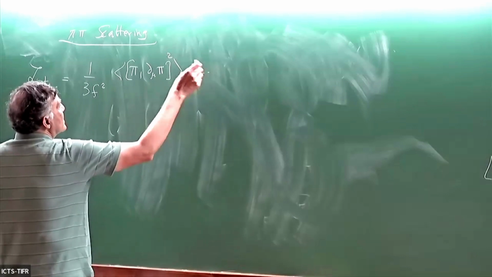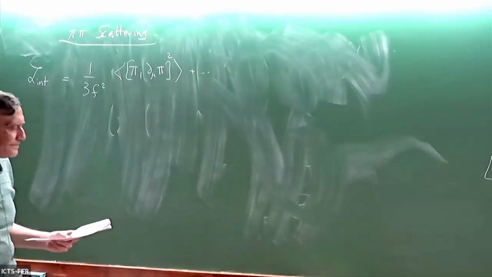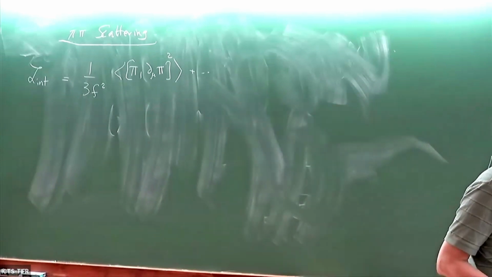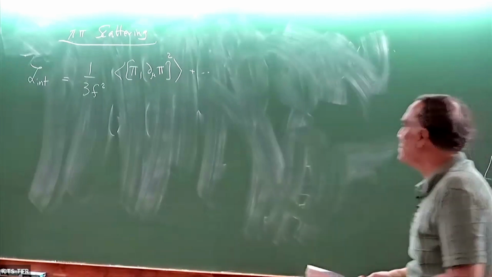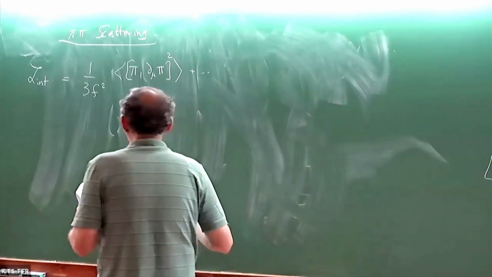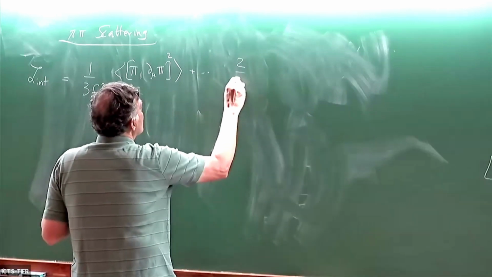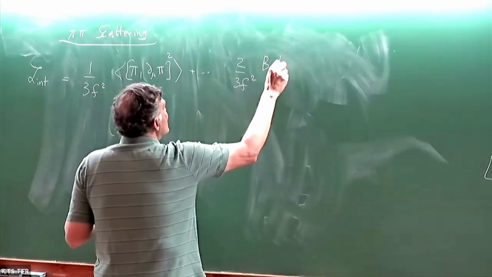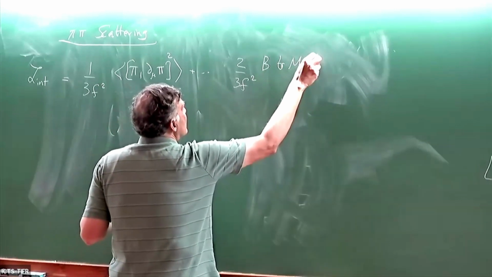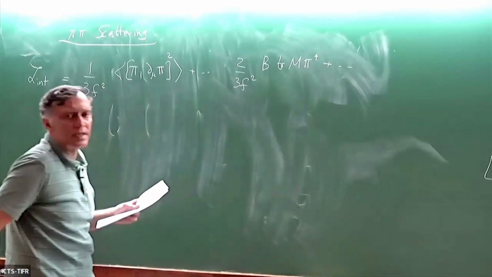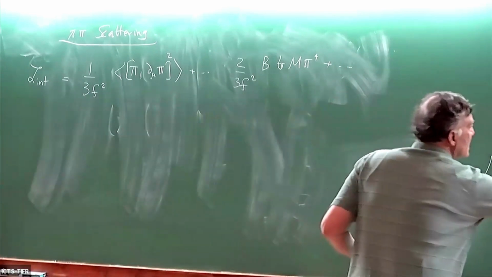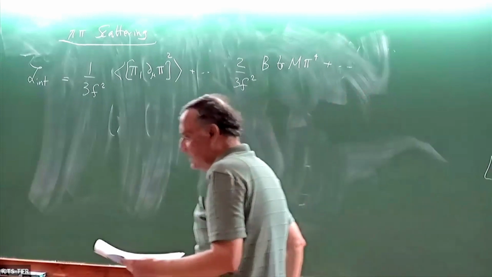And then you get 6 pion terms, etc. And here, we expanded this out to quadratic order, and that was the pion mass term. And you can also expand this out to 4th order, and you get plus 2 over 3f squared b trace m pi to the 4th. And again, there are 6 pion and higher order terms. Okay, so just doing the series expansion to order 4 pions in this term and the kinetic energy term.